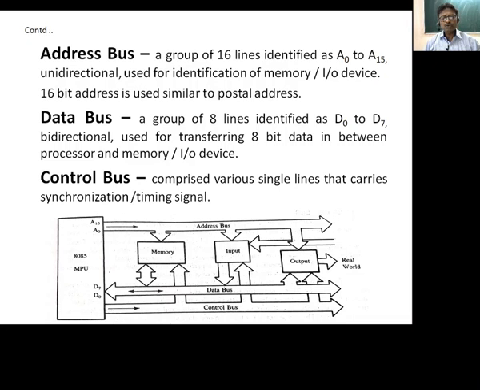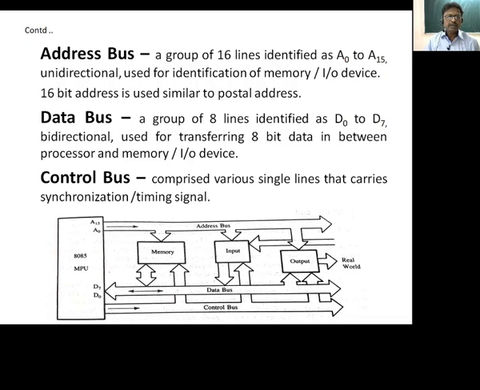Now the data bus is a group of 8 lines, and its purpose is to transfer data between the processor and the rest of the devices, and that is why this data bus is bidirectional. Why is it bidirectional? Because data can flow from the processor to the memory, or from the memory to the processor, from the processor to the output device, or from the input device to the processor.